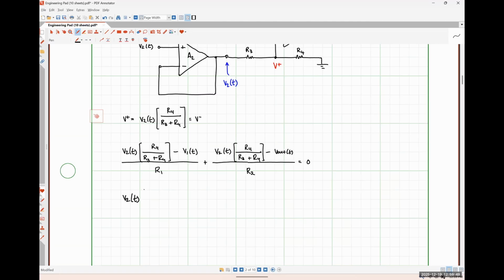V2 times R2 times R4 over R3 plus R4, minus V1 times R2, plus V2 times R1 times R4 over R3 plus R4.